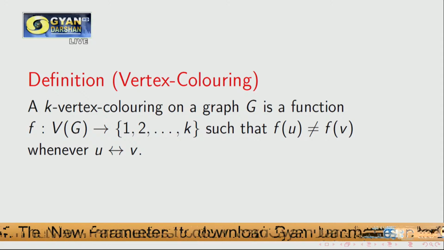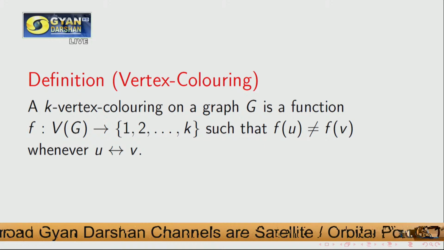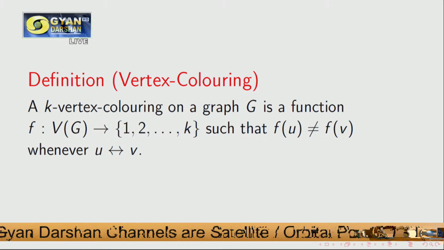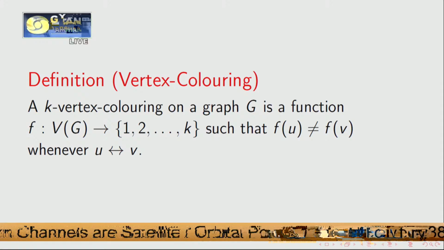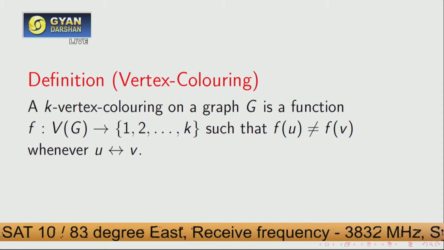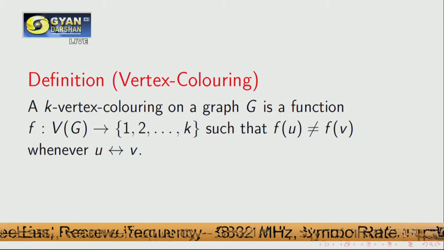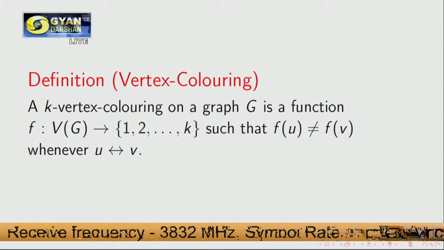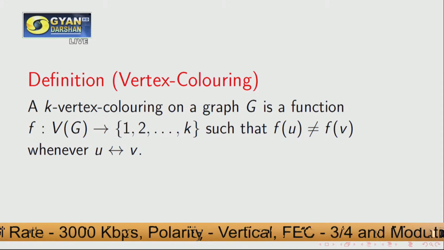The term coloring actually comes from the real scenario where, when the graphs are small, they can be colored with real colors, red, green, blue, like this. When the graph is large, of course we cannot use real colors. We just replace the colors with natural numbers.